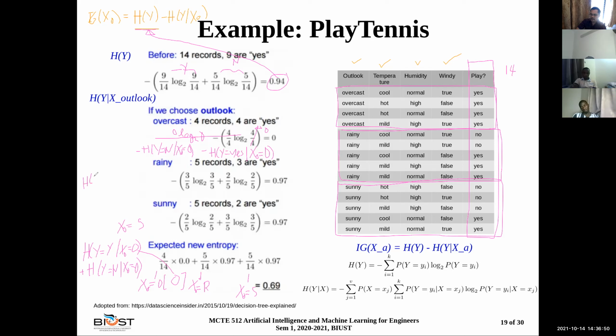H of Y output given yes, equals yes, given X outlook equals rainy, plus H of Y equals no, given X outlook equals rainy. Okay, that is that part.